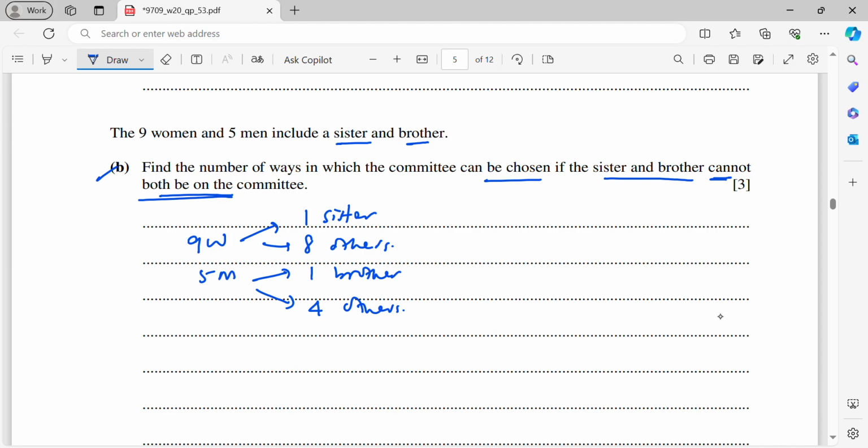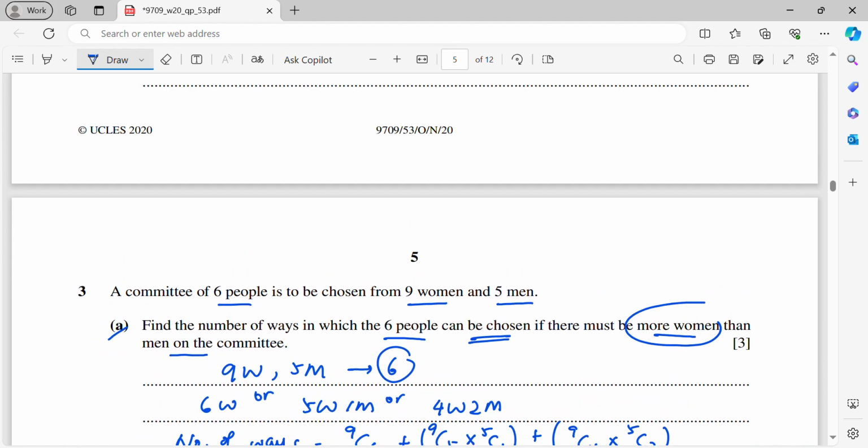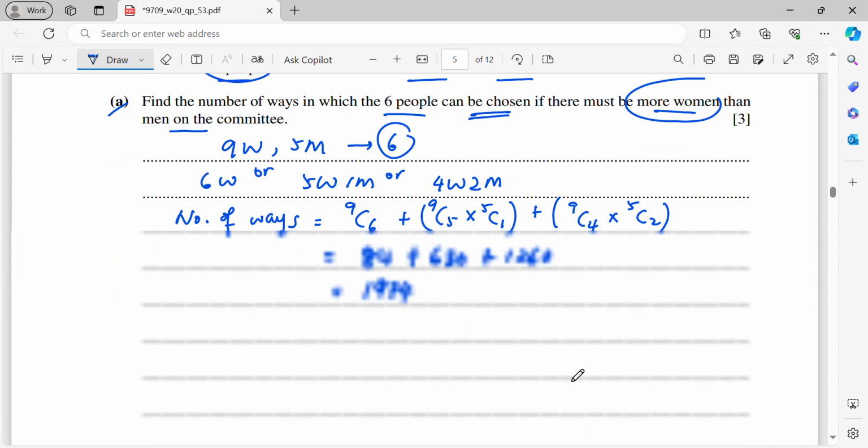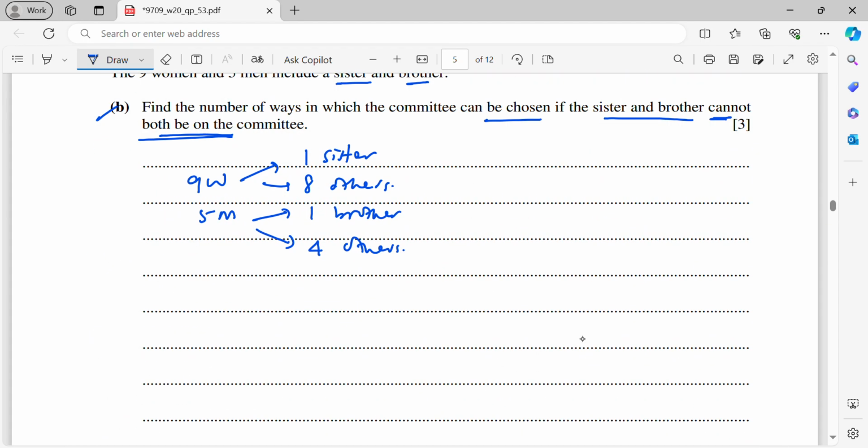Okay, so now you need to choose, how many do we need to choose? We need to choose 6. Now, given that brother and sister cannot both be on the committee, probably the sister is chosen and the brother is not.